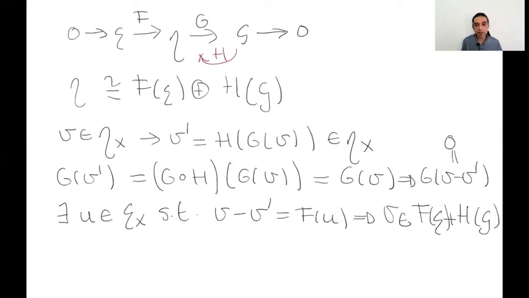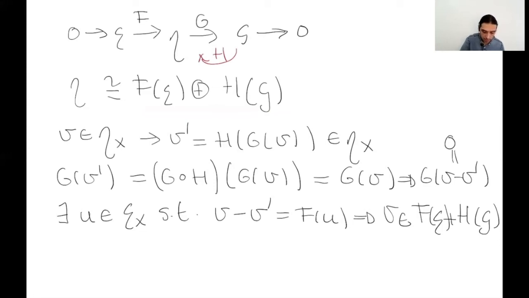So in this way, we get that the sum of these two subbundles is indeed eta.